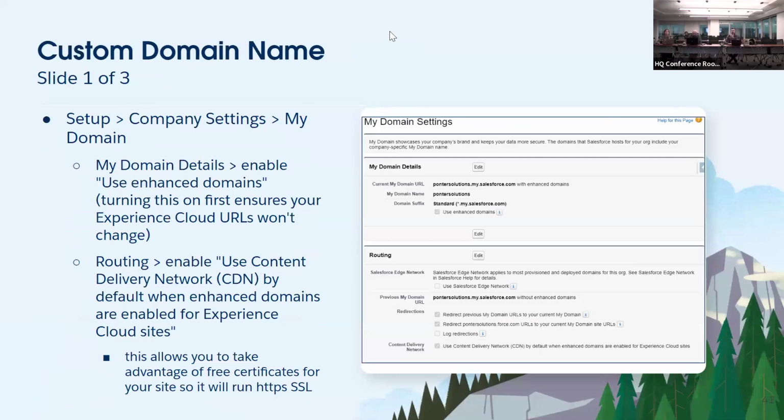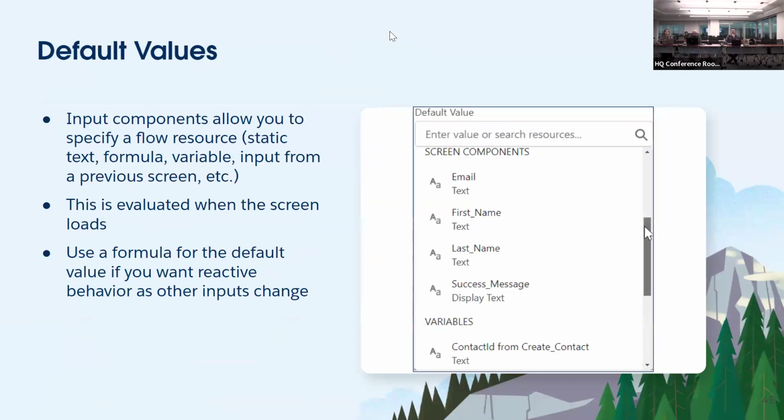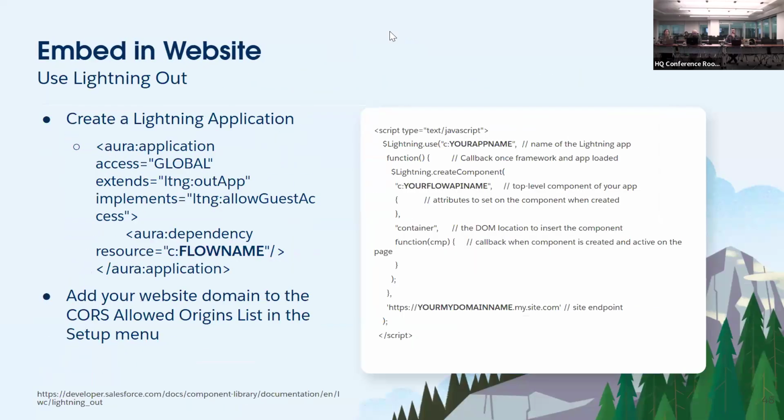Let me find the right one here. Embedding on a website: there's this technology Salesforce has deep in the developer documentation called Lightning Out. They just released, I believe, the Lightning Web Component version of this, but it still relies on an Aura application, interestingly.